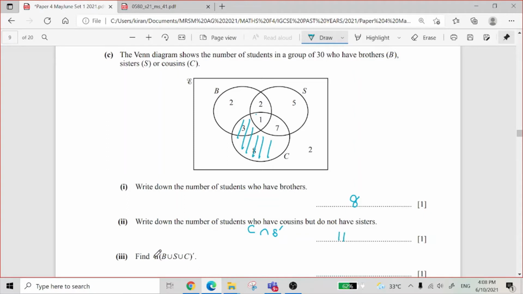Next is the part of P union C, and also union S complement. So we can see from this that it is everything except this part. P union S union C means everything in this part, and then the complement is 2.